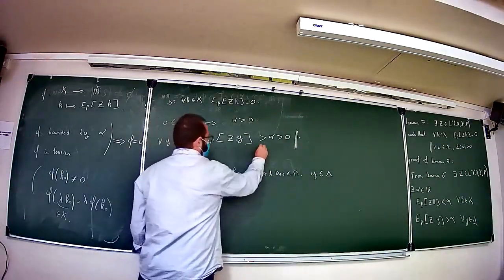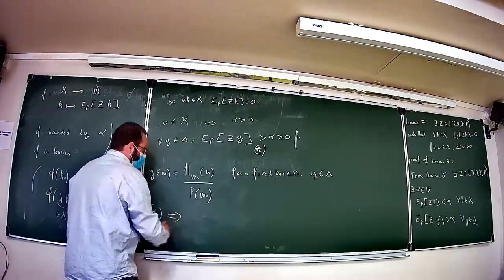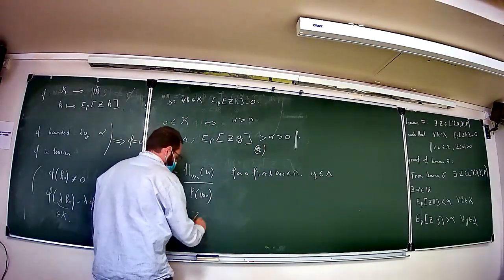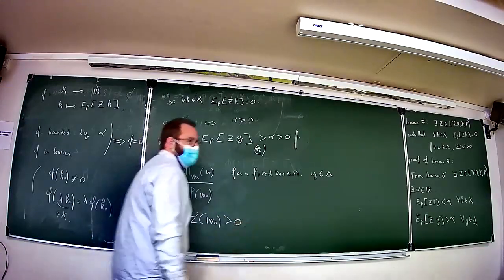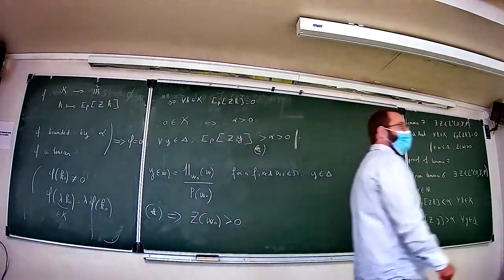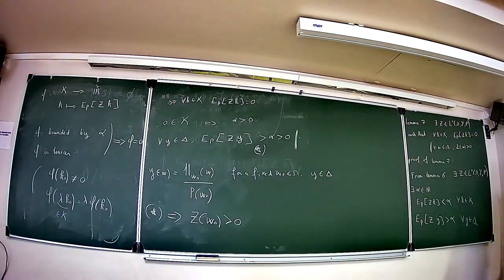So this relation here, this inequality, gives me z of w0 that is strictly positive. That is exactly what I want to have.